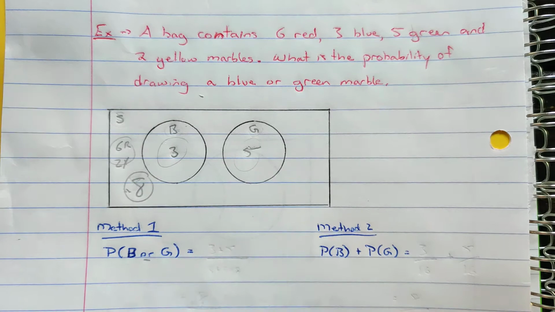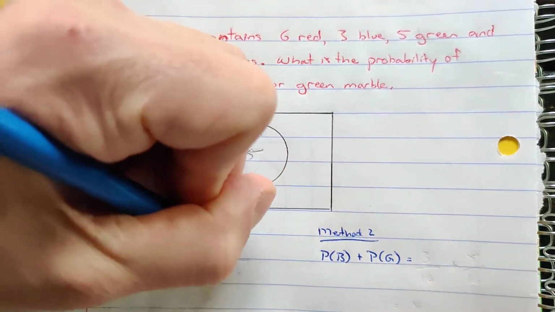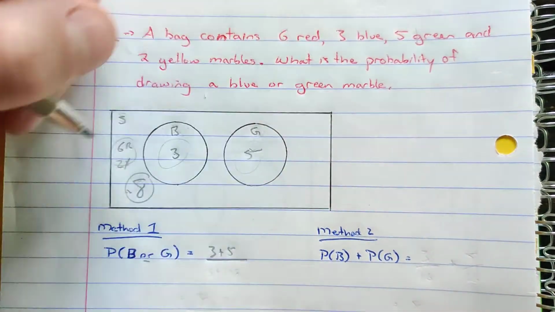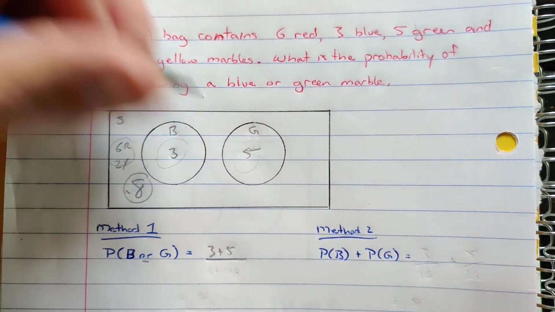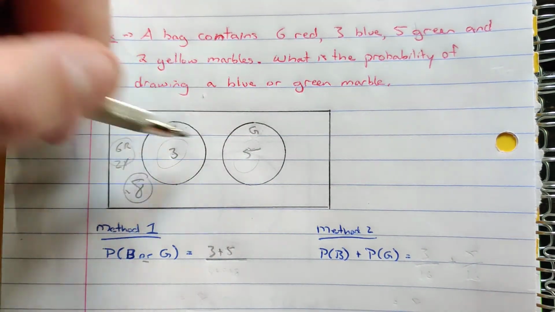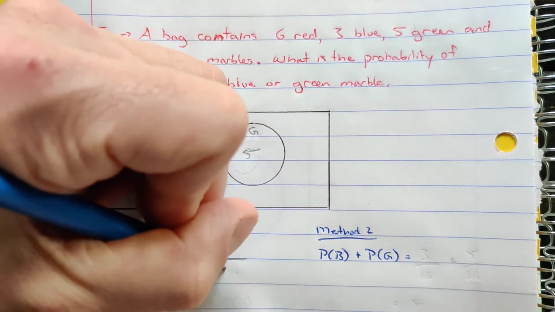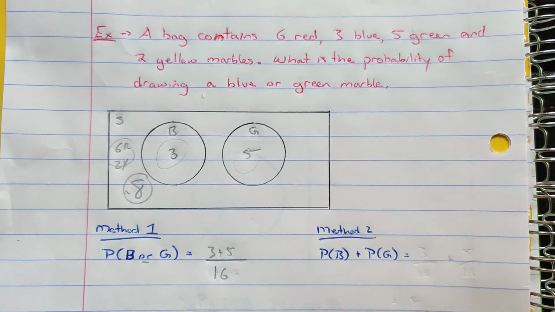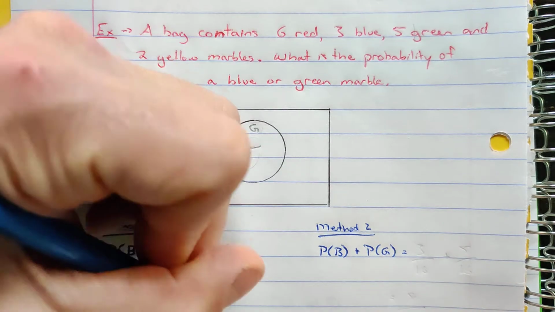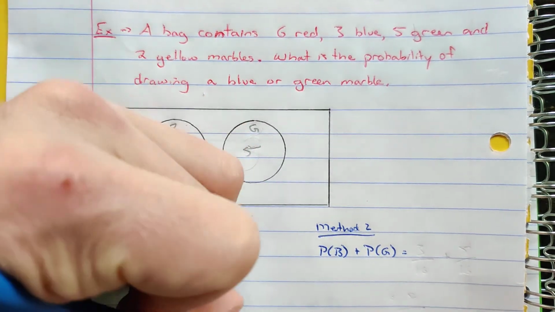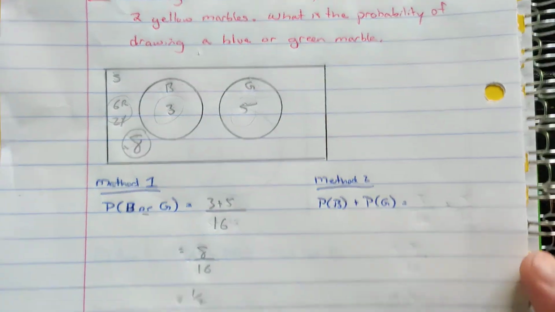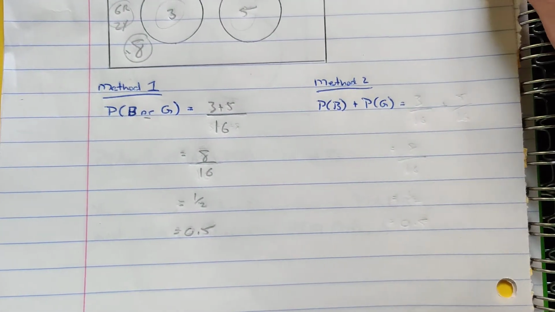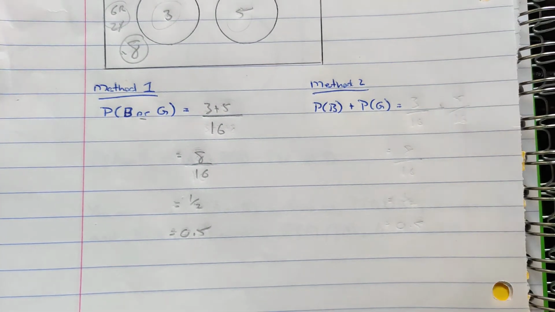So there's 3 and 5. 3 plus 5 over our total sample space, which in this case is 16. So 3 plus 5 is 8 over 16, or 1/2, or 0.5. So we've got a 0.5 chance of drawing a blue or a green marble.